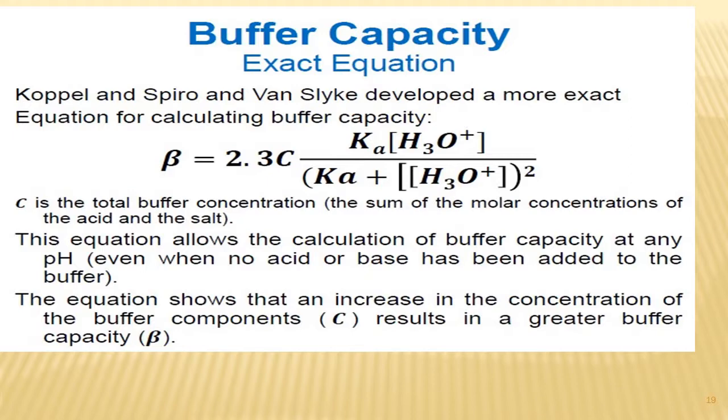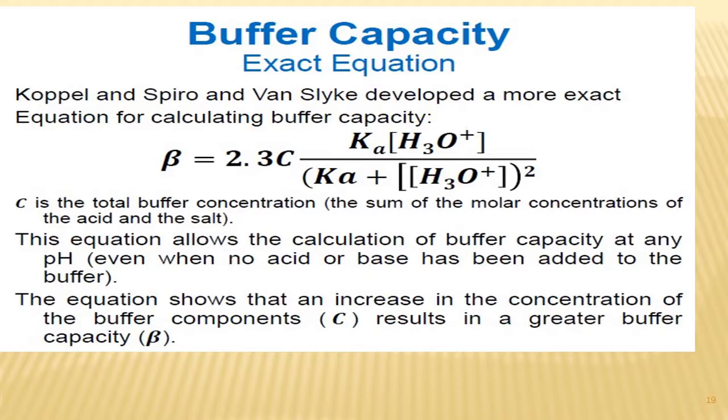C is the total concentration of the buffer, the sum of the molar concentrations of acid and salt. This equation allows the calculation of buffer capacity at any pH, even when no acid or base has been added to the buffer. It means this equation is beneficial for calculating the buffer capacity without adding any amount of base.